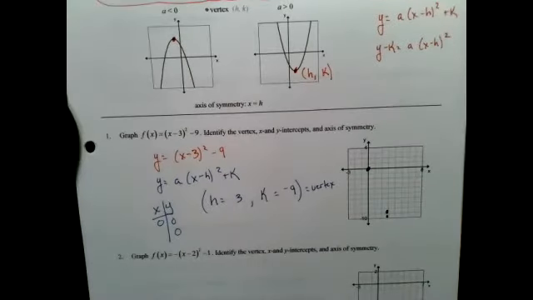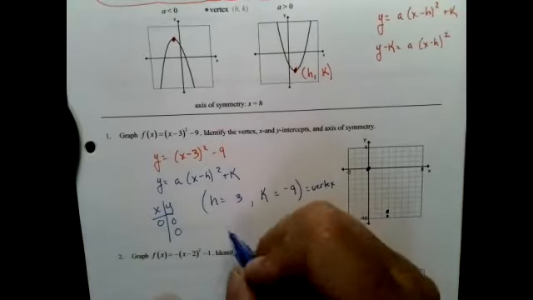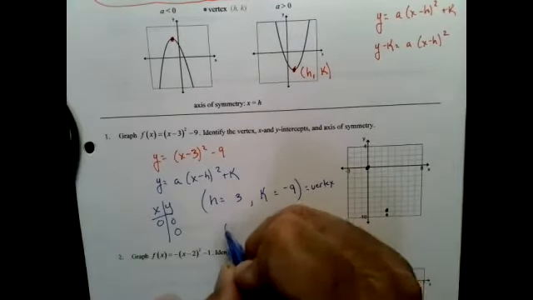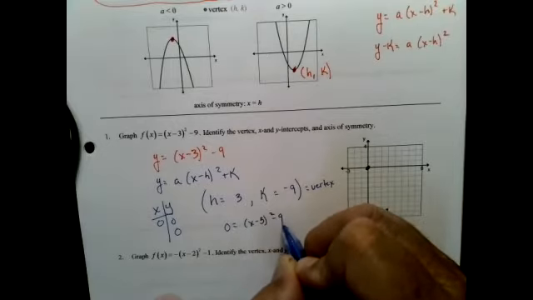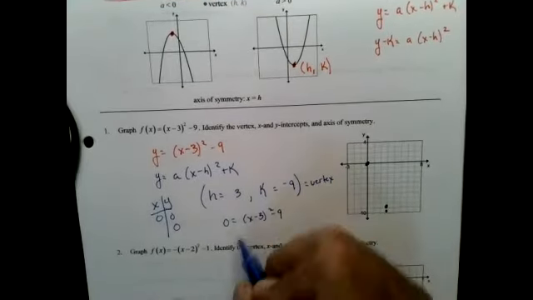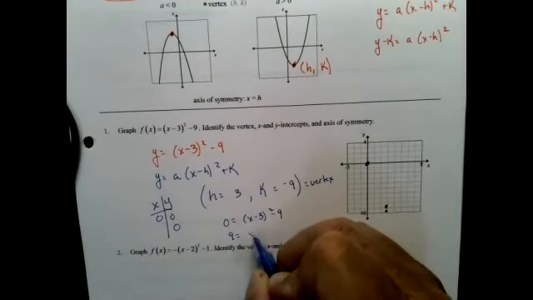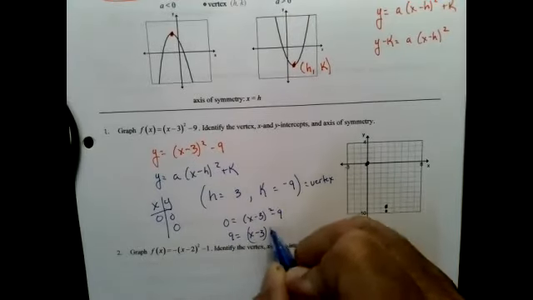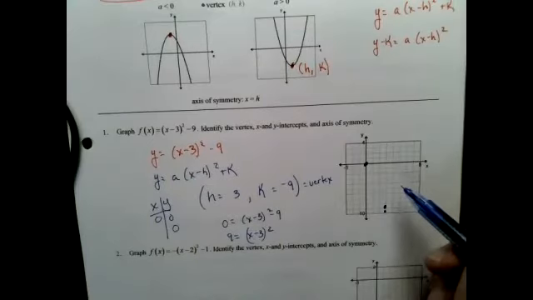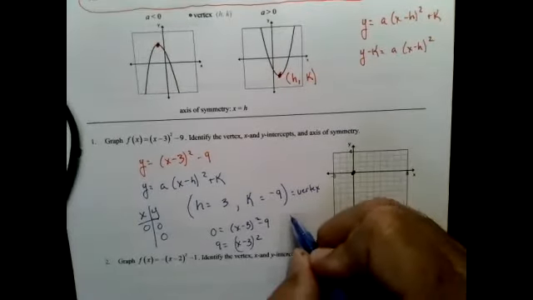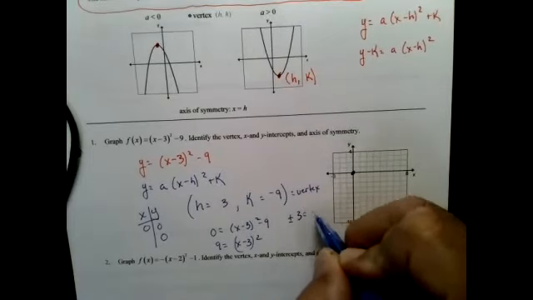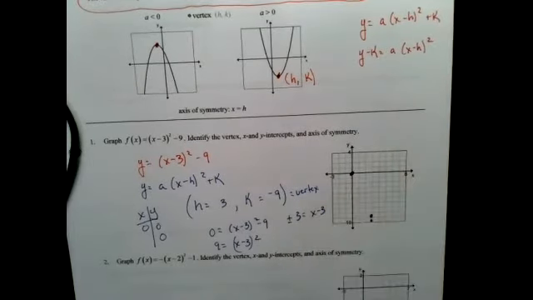If I plug 0 in for y, I get 0 equals (x minus 3) squared minus 9. 9 equals (x minus 3) squared. Let's see, plus or minus 3 equals x minus 3, because when I take the square root, it becomes plus or minus.